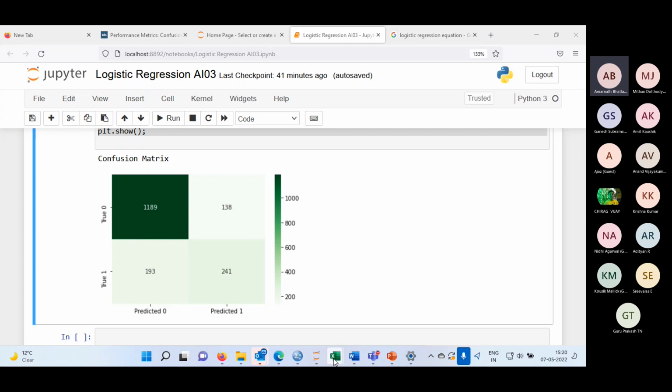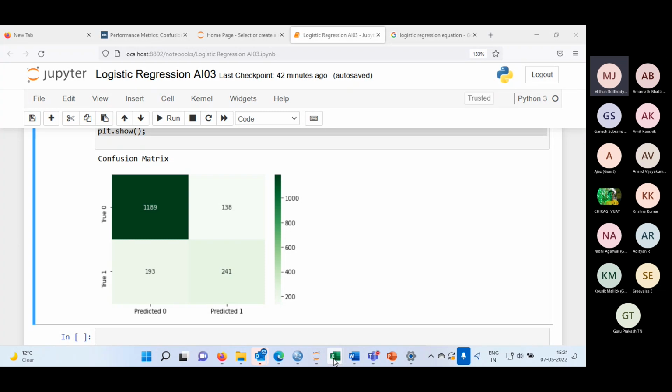My intention is, since we are discussing this, how do I know my model is influenced by bias or it is overfitted? How do I know that?